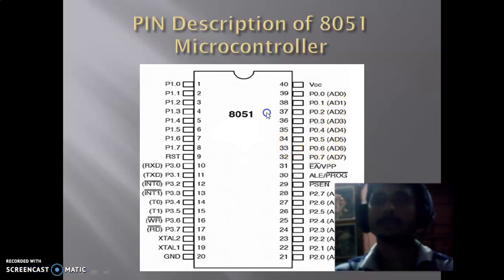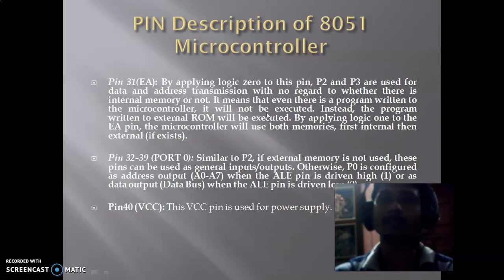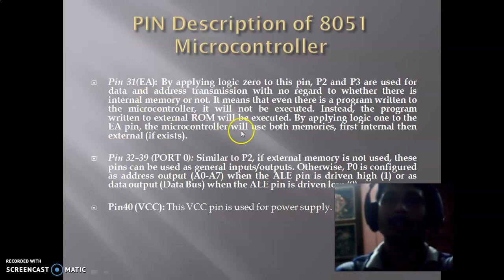Generally this port is used to connect input output devices, as well as we can use it as the lower order multiplexed address data bus, and this address and data bus can be separated by using the ALE signal. So I already discussed, by using ALE we can select the address as well as the data bus. If we give the ALE signal as 1, meaning active high, then it will behave like an address bus, and if it is 0, then it will behave like a data bus.